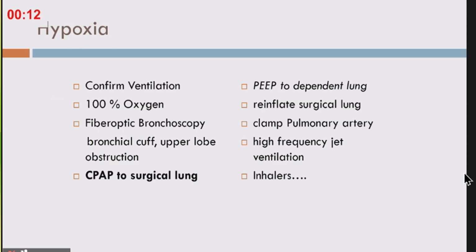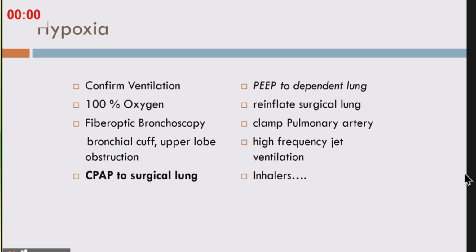Hypoxia: confirm ventilation, 100% oxygen, fiber optic bronchoscopy, CPAP to the surgical lung, PEEP to the dependent lung. And the thing with PEEP, that's one of the things that may be an issue with double lumen tubes and hypoxemia when you've got the one side that's being ventilated.